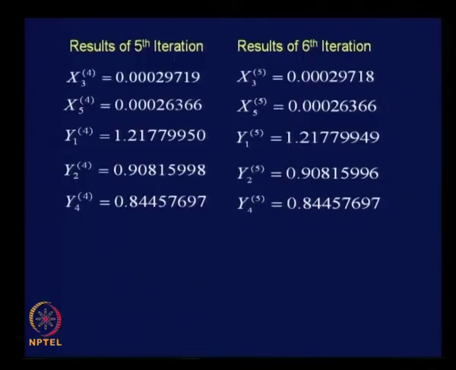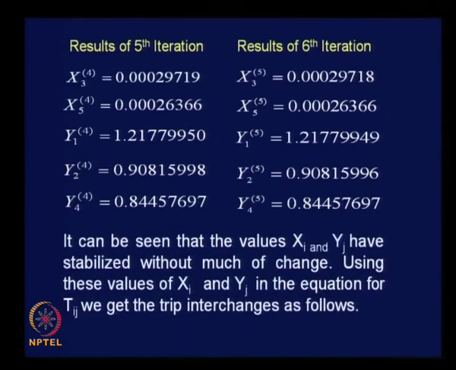Okay. So, we will say that this consistency is acceptable and we can use these values in the gravity model. It can be seen that the values of xi and yj have stabilized without much change, that is important.